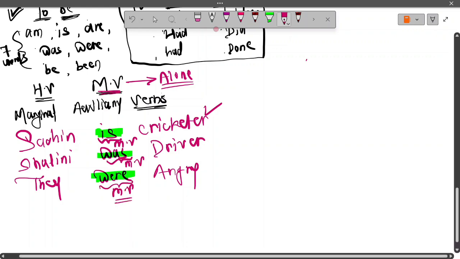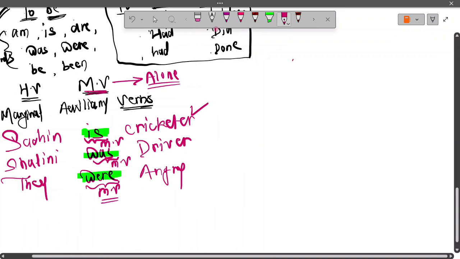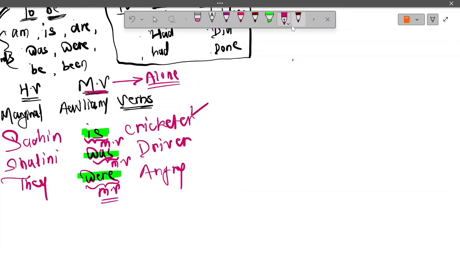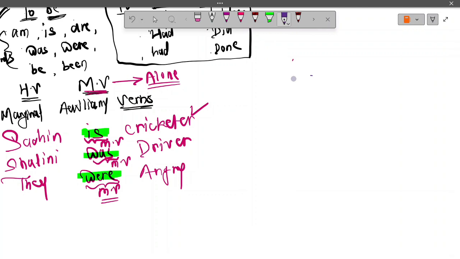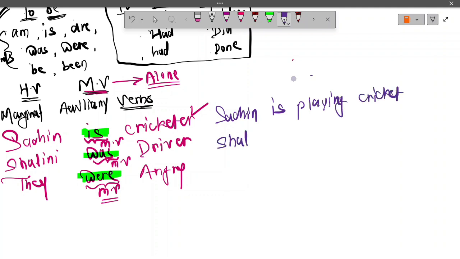Okay. Now, just try to have attention on these sentences. Sachin is playing cricket. Shalini was driving a car.